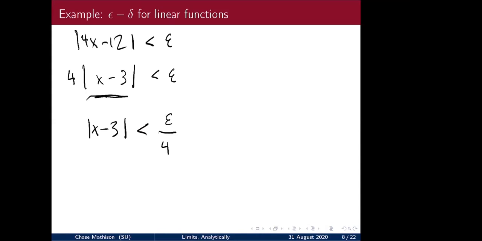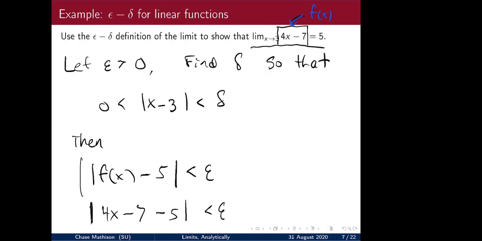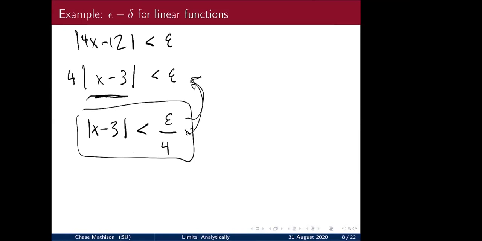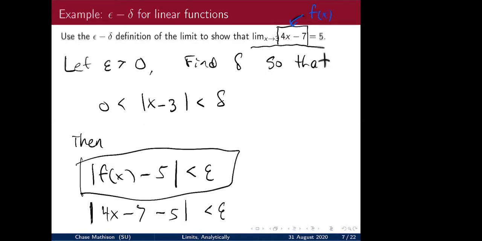well, if I started here, then I found out that the absolute value of x minus 3 needs to be less than epsilon over 4. But I could have started here, right, and gone backwards each step. I could have started here, multiplied by 4 to get that, and then distributed to get that. And then I could have made minus 12, minus 7, minus 5, like that, right?